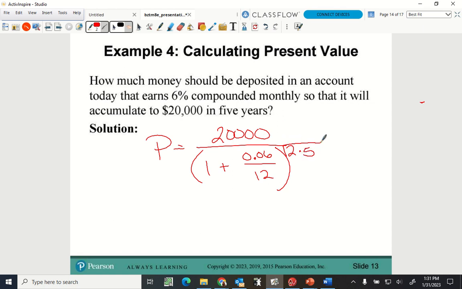12 times 5, right there. Is that a little bit better? Better, yes.